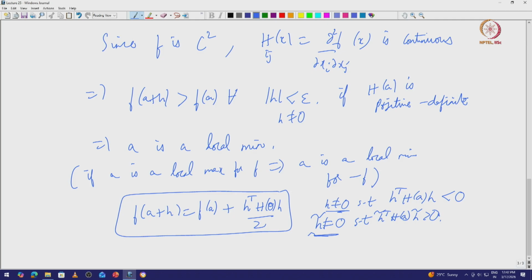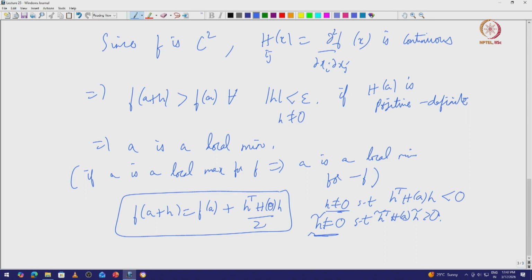If h of theta is invertible, none of its eigenvalues are 0, because the determinant of a matrix is simply the product of its eigenvalues, right? So none of the eigenvalues of h of theta are 0. So the only problem could be if the eigenvalues of h of theta are all positive or all negative, right? That's the only problem.